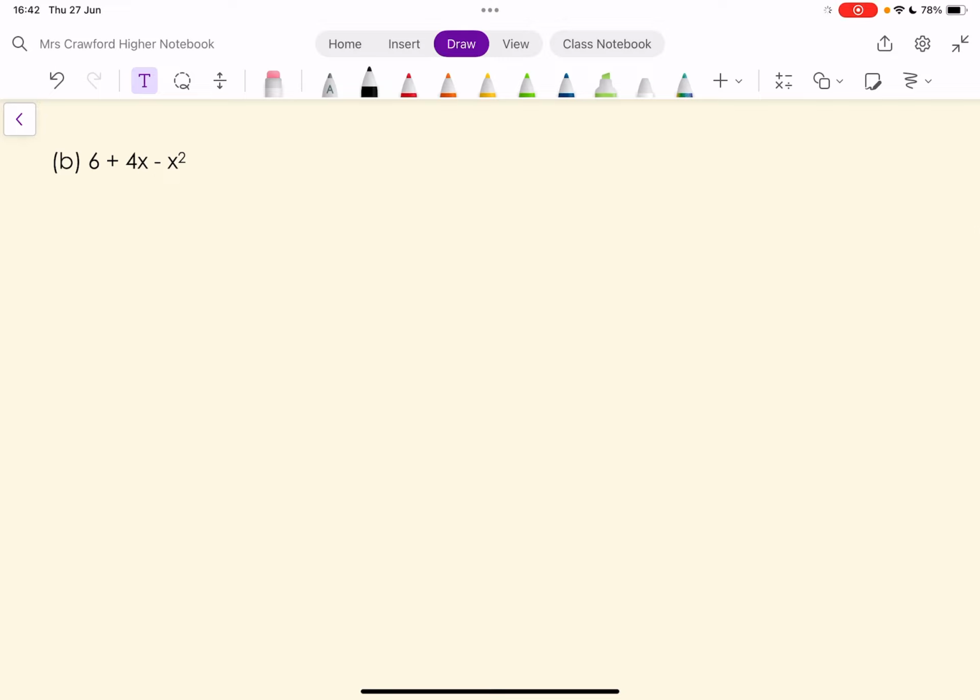Again, I want to put this in the form a(x plus b) squared plus c. If I multiply all that out, I'm going to end up with ax squared plus 2abx plus ab squared plus c. And we're going to let that equal 6 plus 4x take away x squared.